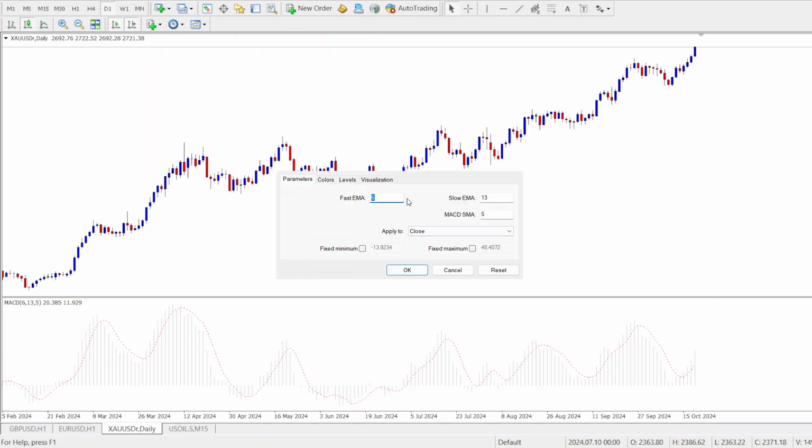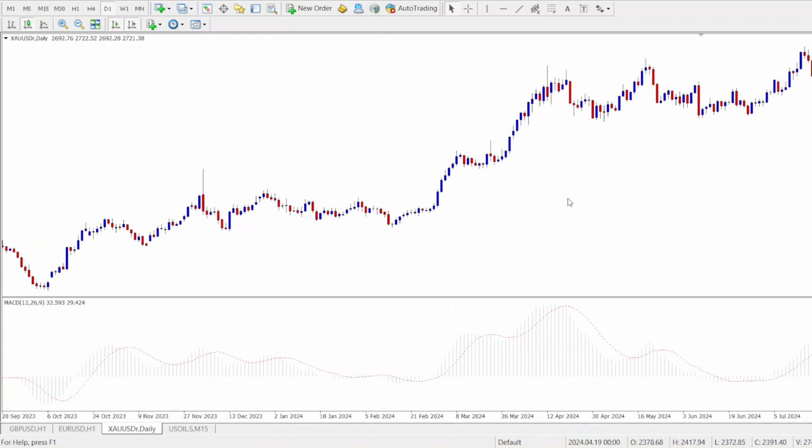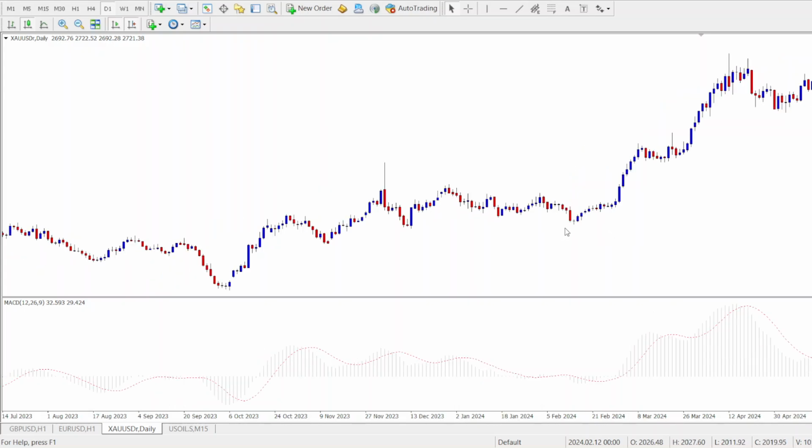You can see that, I'm just going to change this to this. So the MACD line indicates the difference between the 12-day and 26-day EMAs, while the signal line is the 9-day EMA of the MACD line.